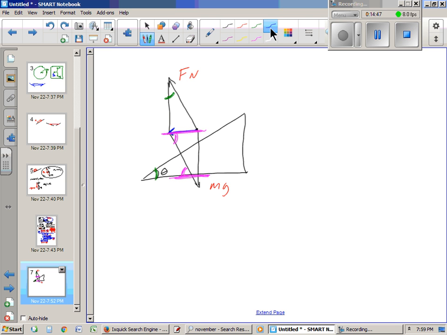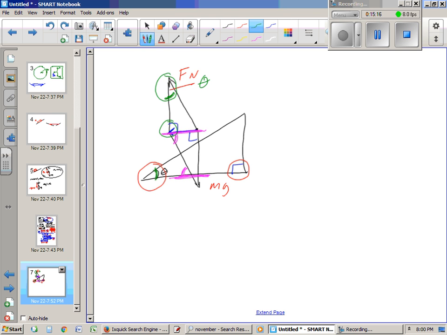Then we have a right angle here, or a right angle here, or a right angle there. So if we look at our large triangle, we have theta and a right angle. And if we look at, let's say, our top triangle, the top angle, this angle in here would also have to be theta because we have a right angle on that triangle.